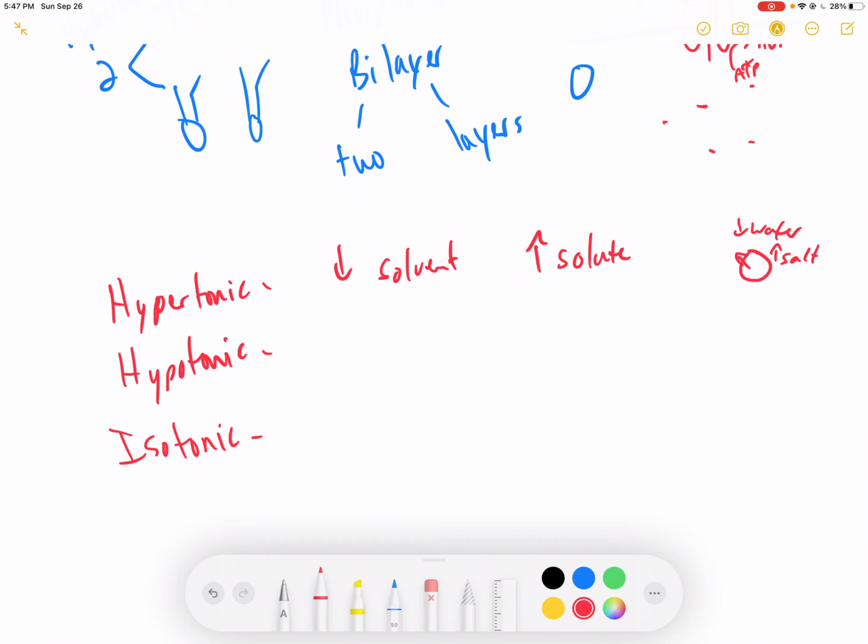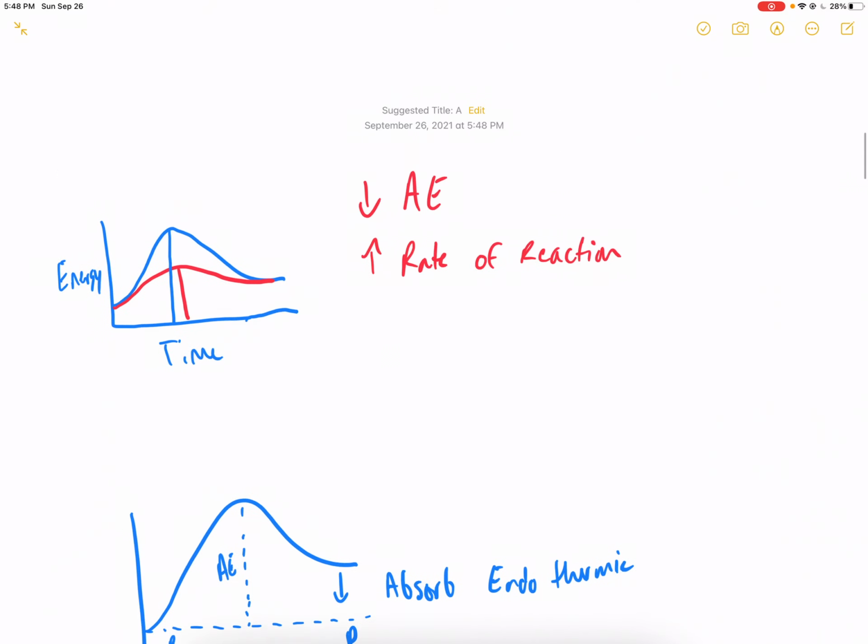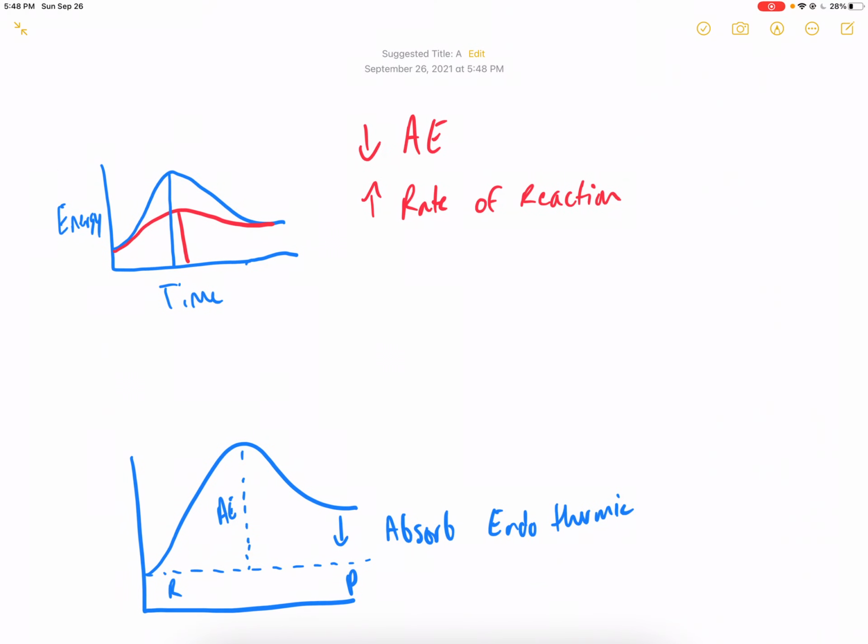Hypotonic, we have an increase of solvent and a decrease of solute outside the cell. So the cell's going to get big as a hippo or hypotonic. Isotonic, it is equal and water is going to flow evenly throughout the cell because it goes through randomly. That's pretty much it of the main high points.